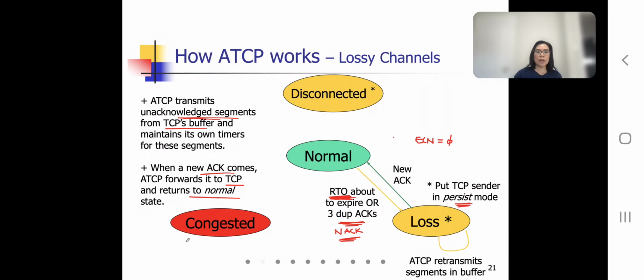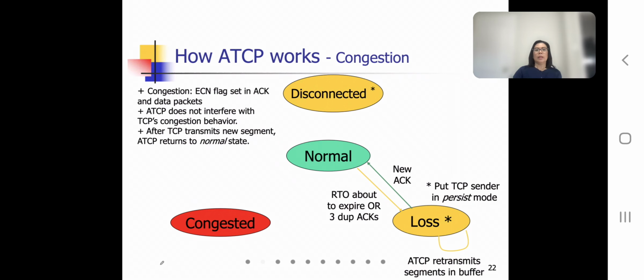Now we'll talk about how we solve the problem with the congested state. As I said before, congestion is detected by the ECN flag in acknowledgements and data packets.